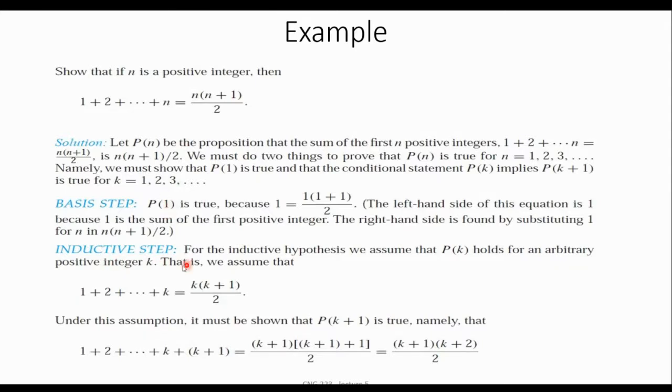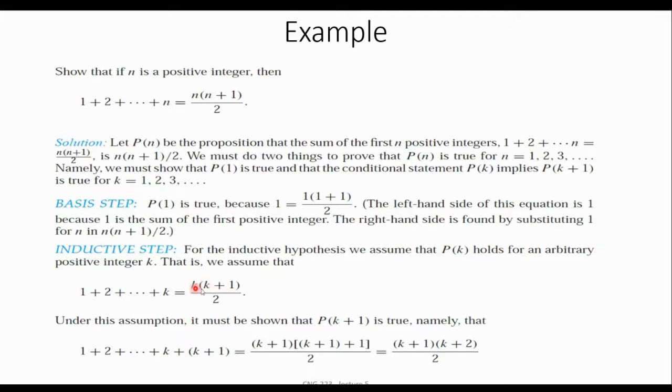So for the inductive hypothesis, we assume that Pk holds for an arbitrary positive integer k. So this is our assumption, Pk. We assume that if I consider k, which could be any non-negative integer, this equation should hold. So we assume that this is true for k.